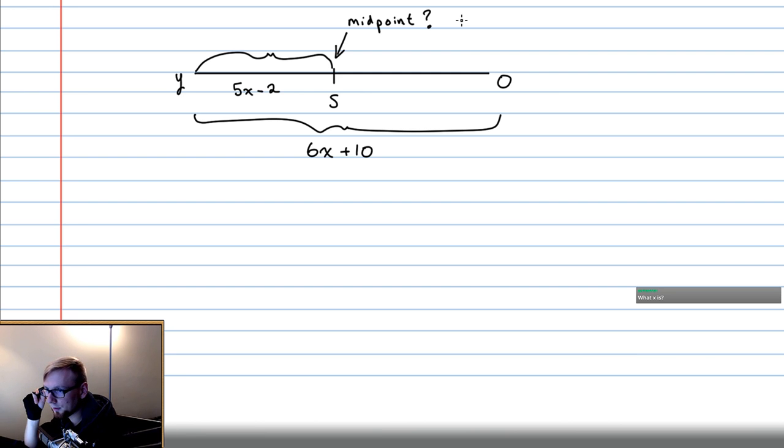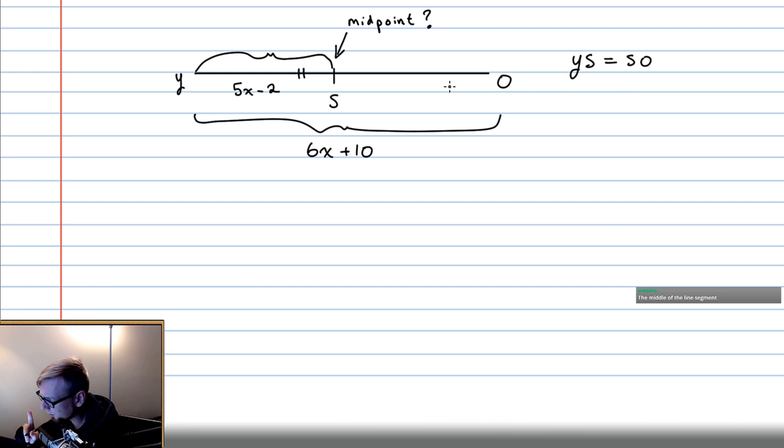Midpoint. Middle of the line segment. Exactly. What does that mean? That means that this line here, YS, is equal to SO.